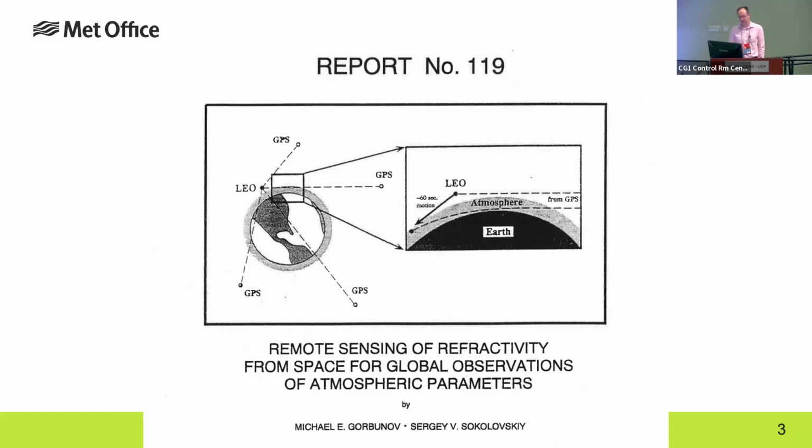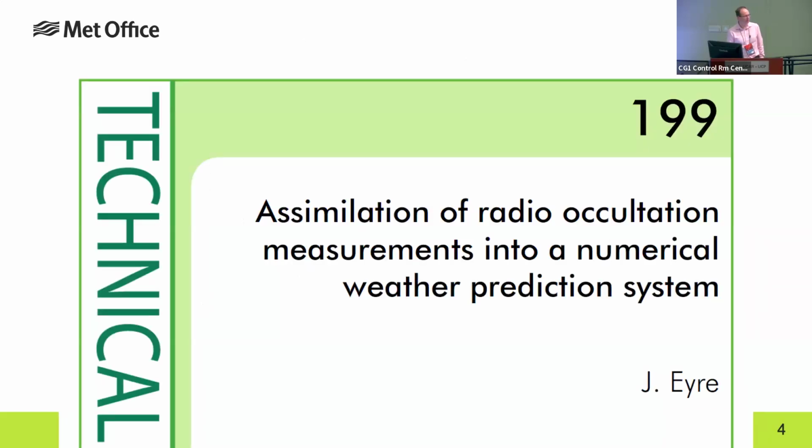It was still very early in the field. And after that, he then said, well, okay, how would we use this technique in a numerical weather prediction model? And so he came up with a report and looked at how to do it in a quick and practical way, and looked at some of the issues involved.